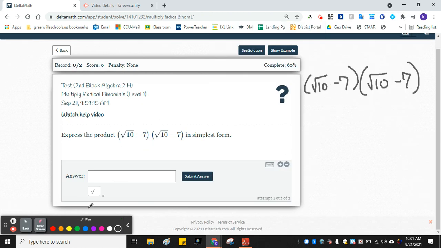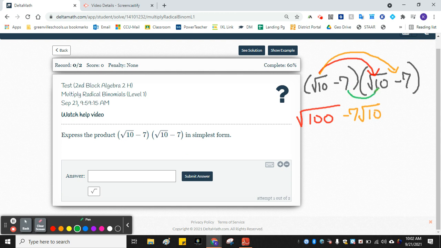Multiplying binomials is definitely the hardest, but remember you're foiling. Please ignore Mickey Mouse in the background. So this 10 has to go to the other 10, and this square root of 10 has to go to the negative 7. So square root of 10 times square root of 10. They're both in the radical, so you multiply them to get 100. Square root of 10 times negative 7 is negative 7 square root of 10.